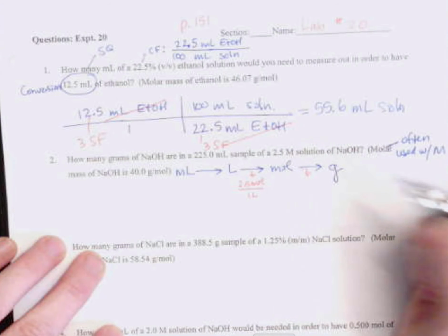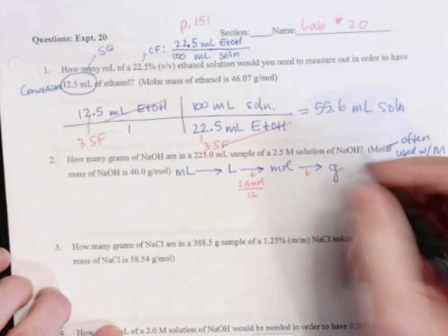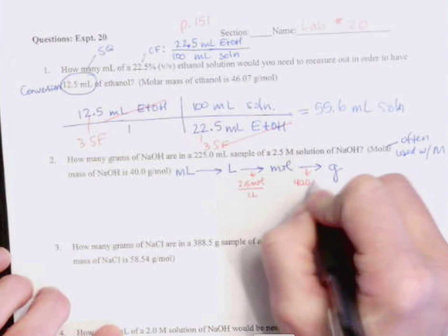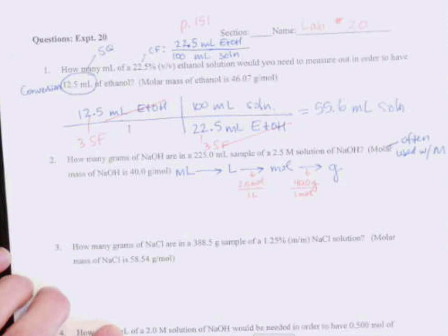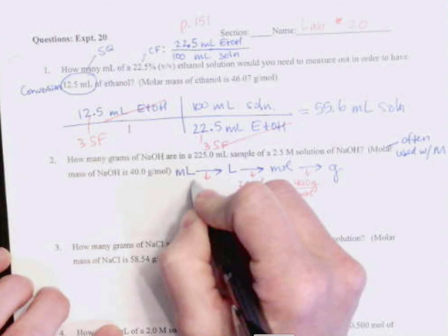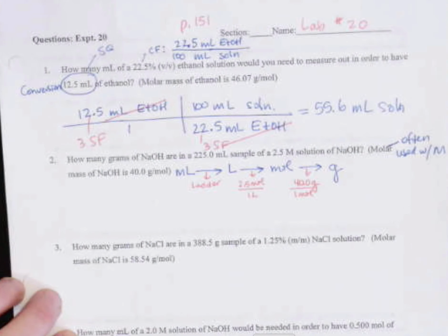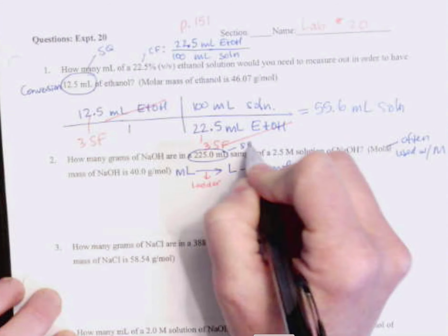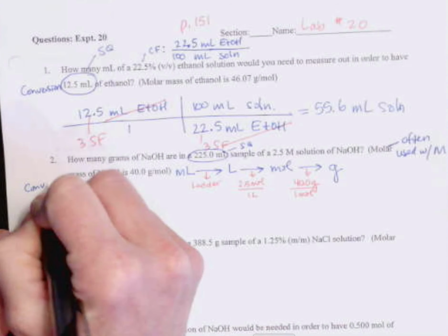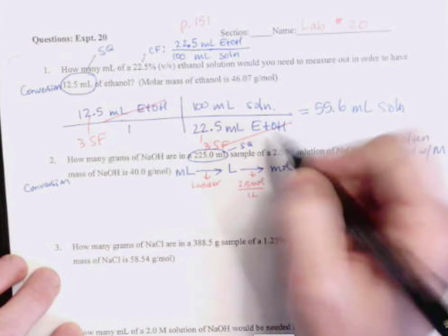This conversion factor here, this is hard to see, is 40 grams over 1 mole. And this is just your ladder conversion factor. So our starting quantity, I'm going to circle again here. So this is a conversion problem as well. It's not asking for concentration. And this is our conversion factor.